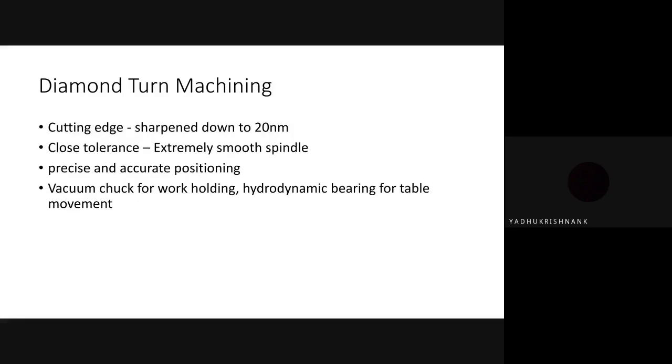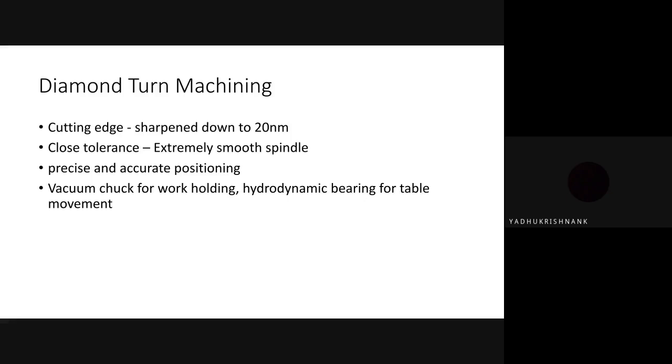And here you can see the cutting edge is sharpened to about 20 nanometers. In this range you can see the cutting edge, and close tolerance is possible in the end product due to the extremely smooth spindle. Extremely smooth spindles are there in the machine for diamond turn machining.